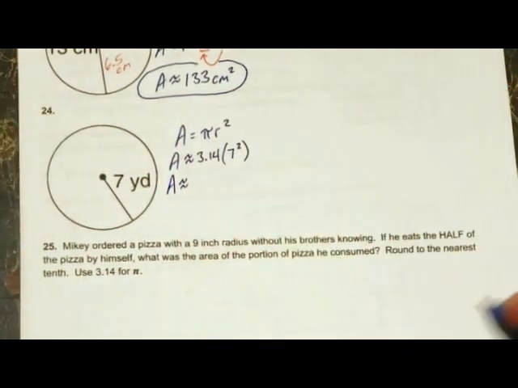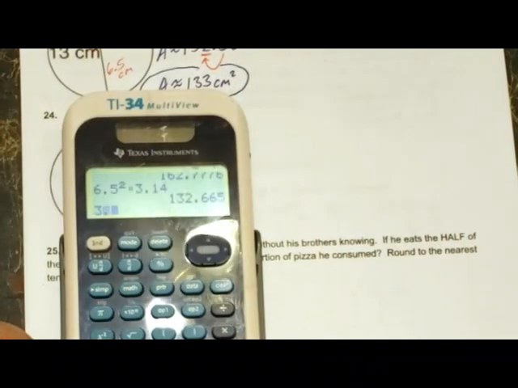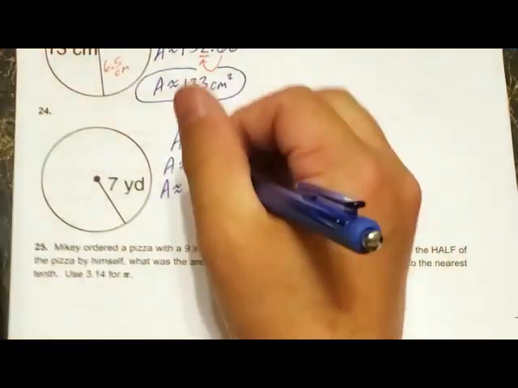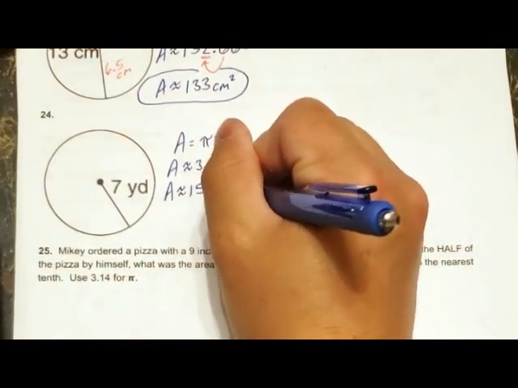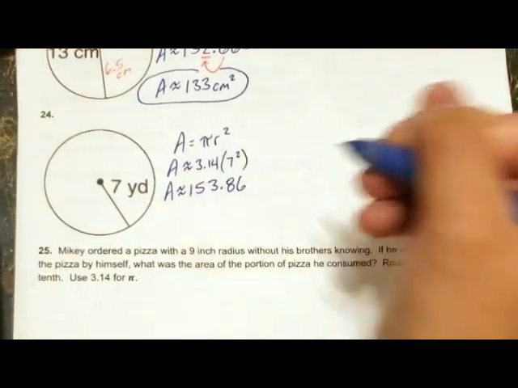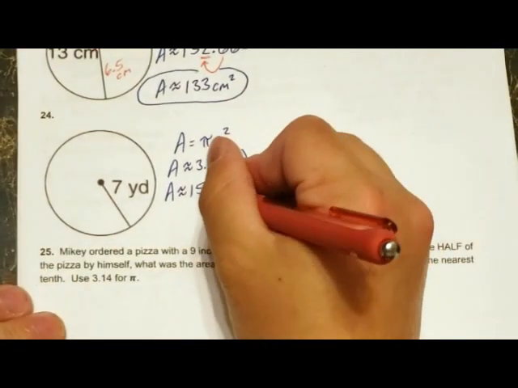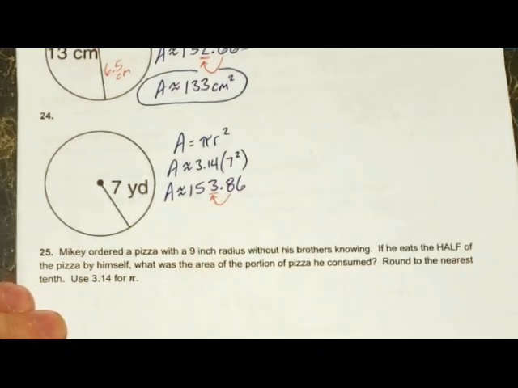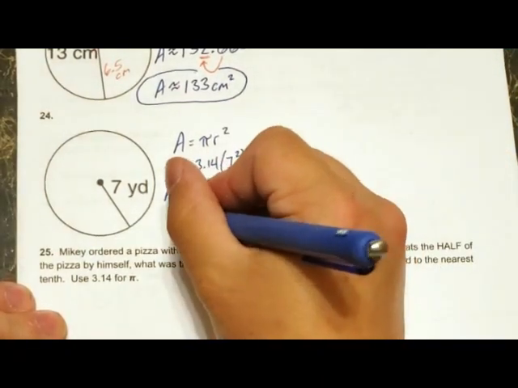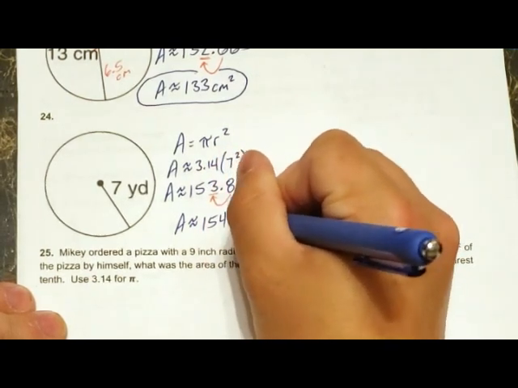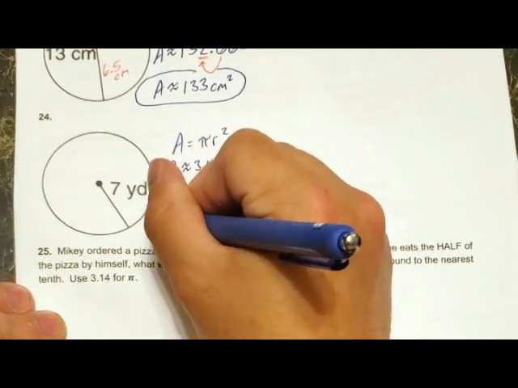All right, 7 squared is 49, so 3.14 times 49 is 153.86. All right, round to the nearest unit. 8 will push the 3 up to a 4, so the area is about 154 yards squared.